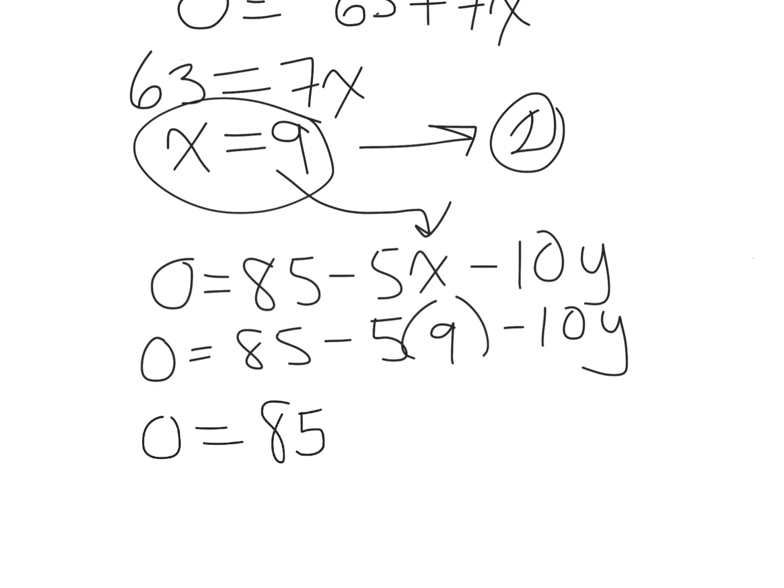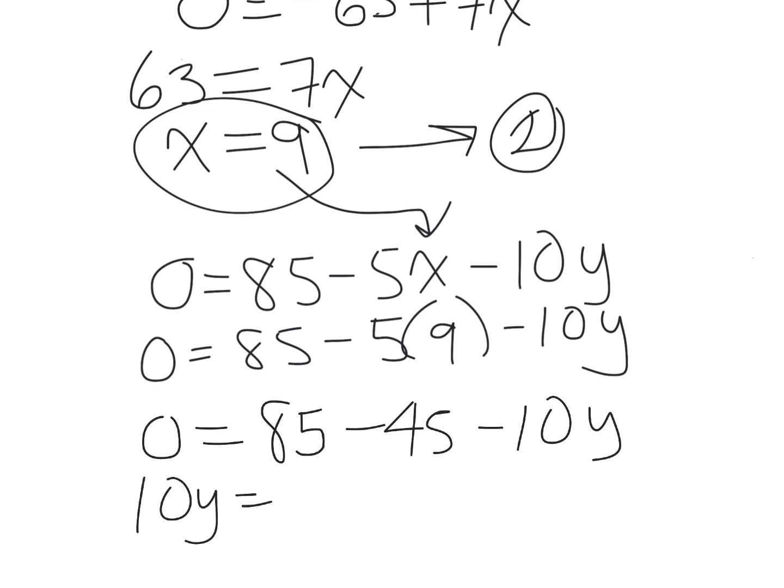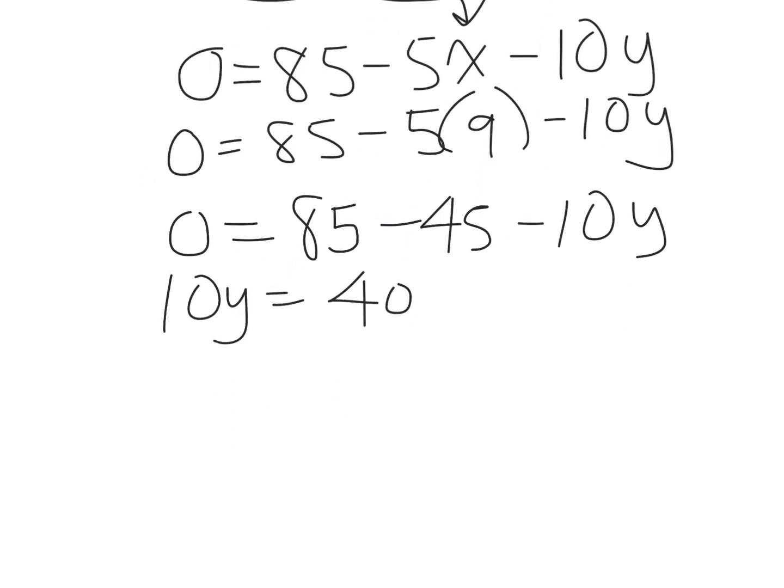So then I have, so I can add 10y to both sides, and I have 40 over here, and then I would divide both sides by 10, and I would find y equals 4.